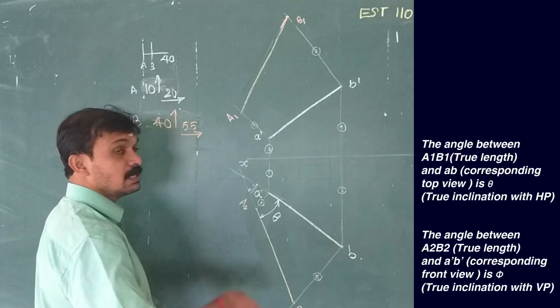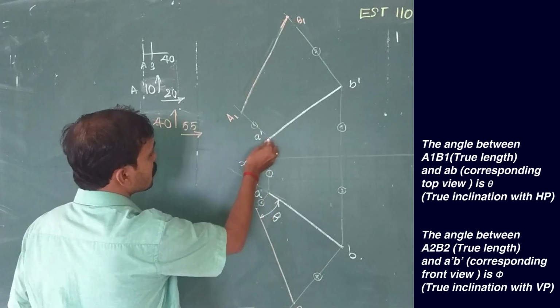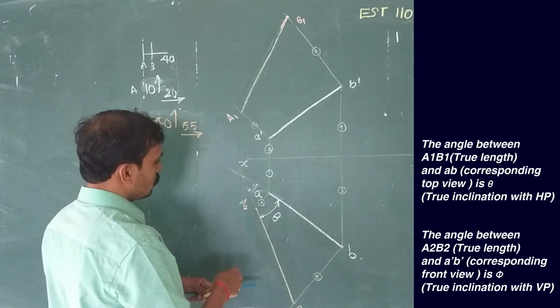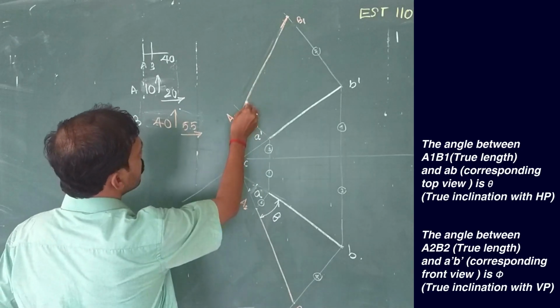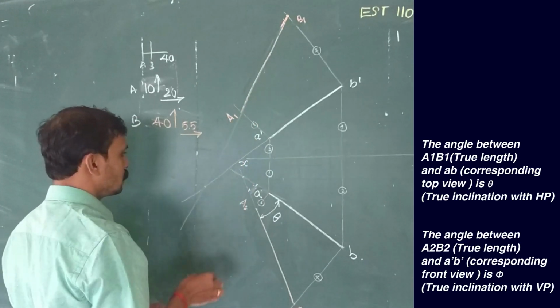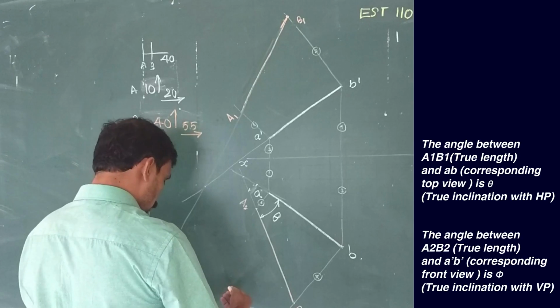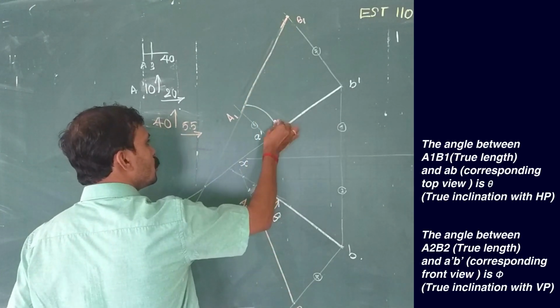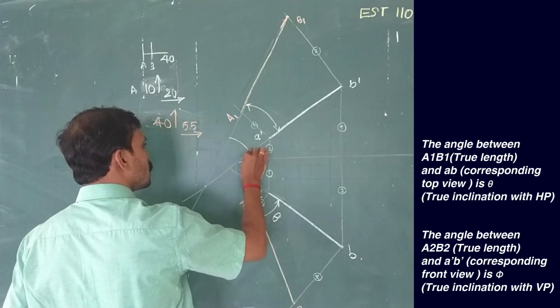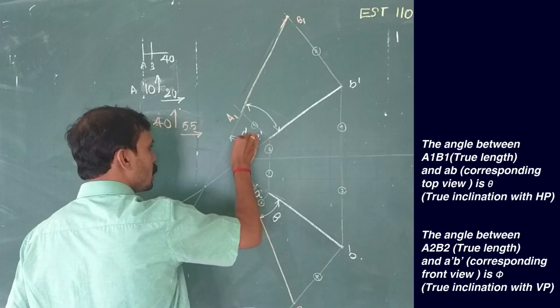And the angle between A dash B dash and the corresponding true length: this is A dash B dash, extend A dash B dash, extend the corresponding true length. So this angle will be equal to phi. You can measure the phi.